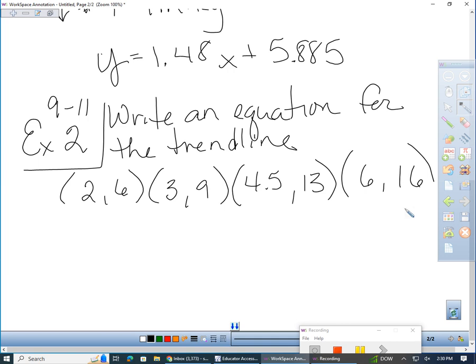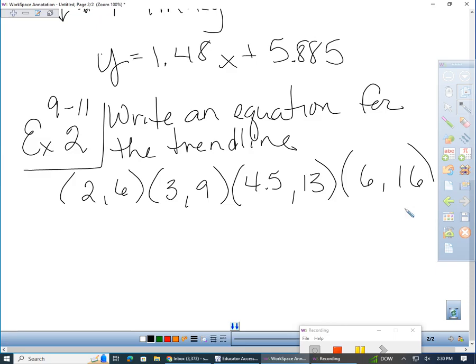All right. So we're going to do the same thing. You're going to put all your x values in list 1, all your y values in list 2. We're going to go back and find our equation. Okay, so grab your calculator. You're going to go back into stat, into edit. You have to get rid of the list that's there. So you go up, highlight it, clear, and enter. Go to the other one, hit clear and enter.